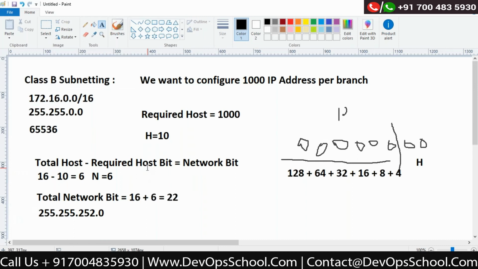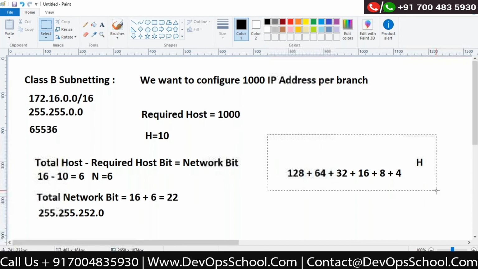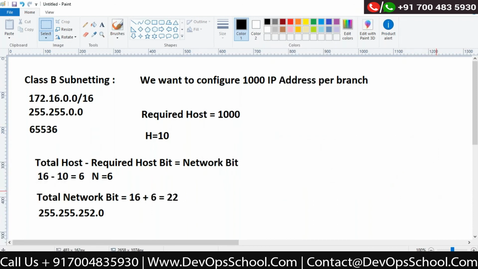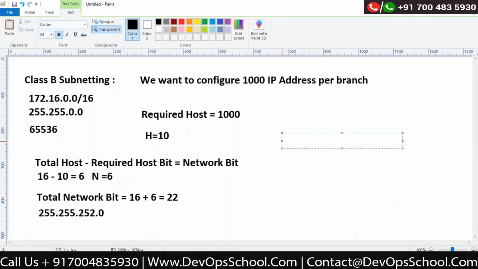Correct? Now how many subnets are we getting? We will see that. The formula is the same as the one we used for class C. However, only the number of IP addresses and networks would be more in case of class B and class A, because they have a very huge range.